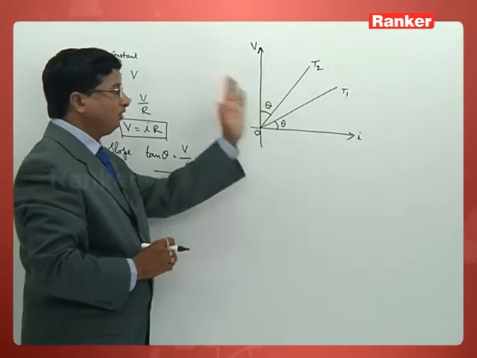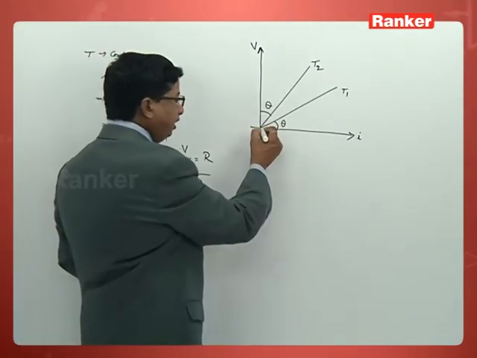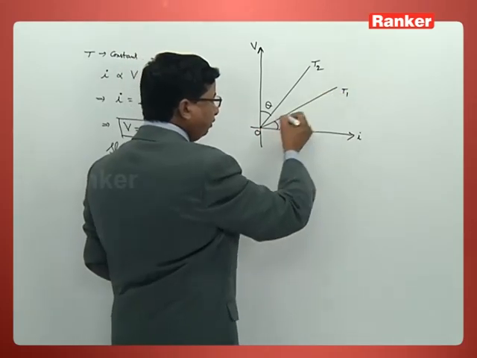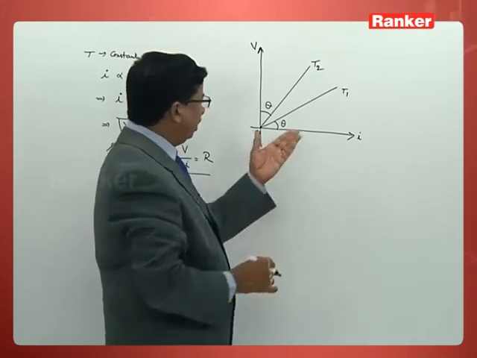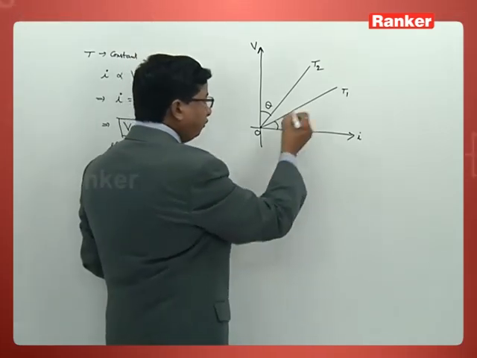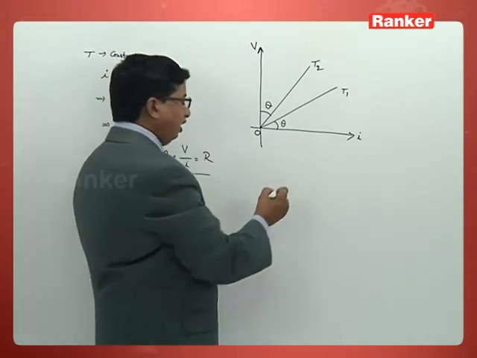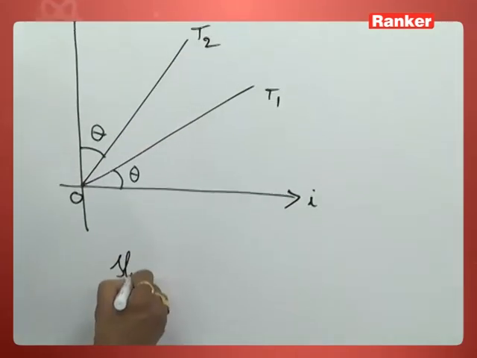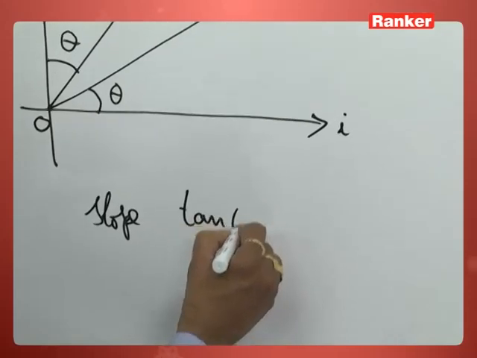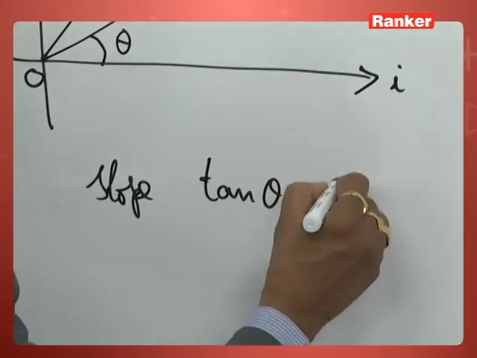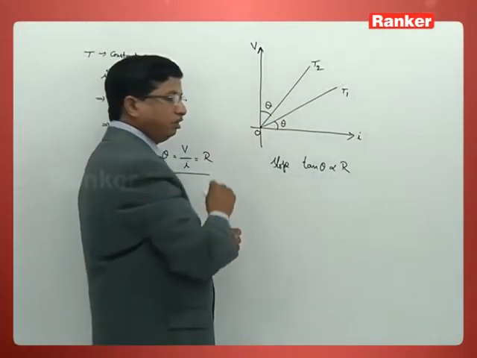Look at the first straight line at temperature T1. The slope, which is taken as tan theta, is nothing other than the resistance of this conductor.